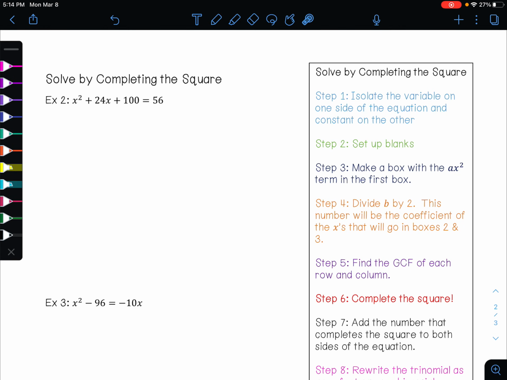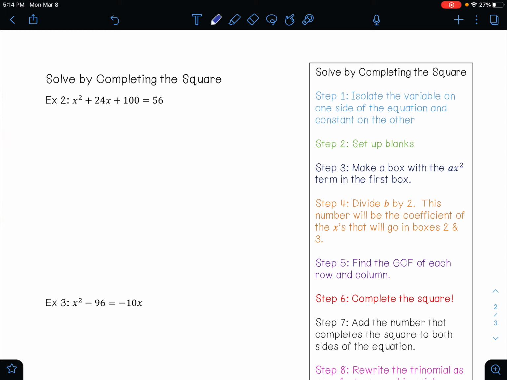So my first step is to get my x's on one side and my numbers on the other. So in x squared plus 24x plus 100 equals 56, my first step is going to be to subtract 100 from both sides. And so I'll bring down my x squared and my 24x. 56 minus 100 is negative 44.